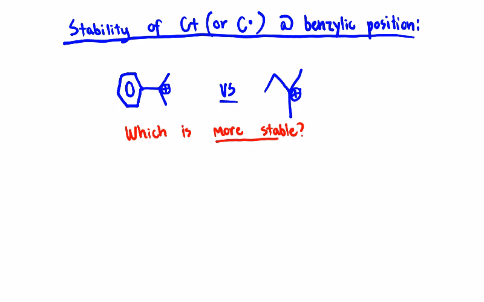Because the one that is more stable is going to be able to form faster during chemical reactions because of the fact that it's lower in energy. And this is going to enable us to create product faster.